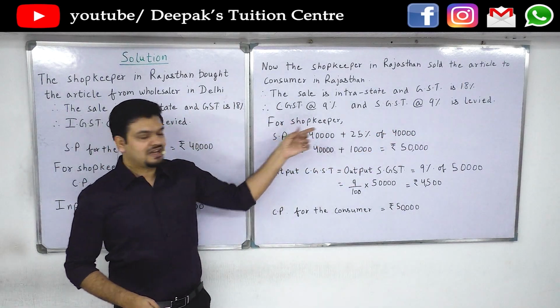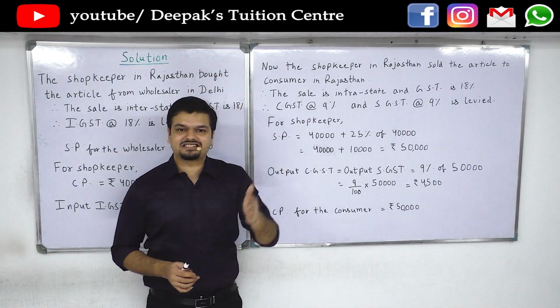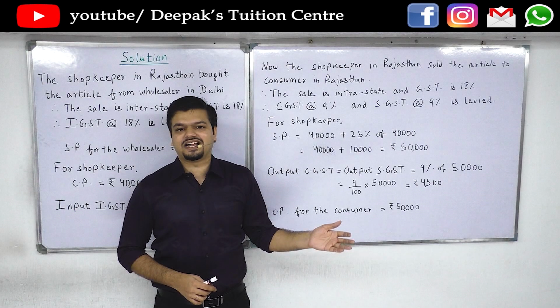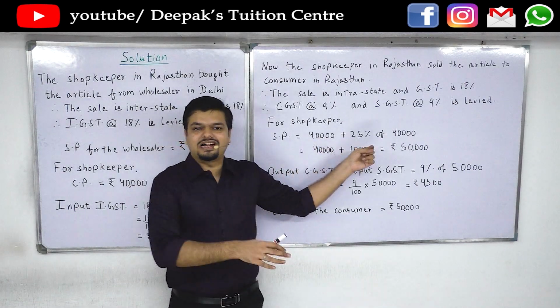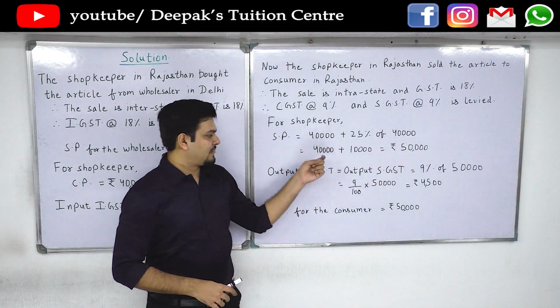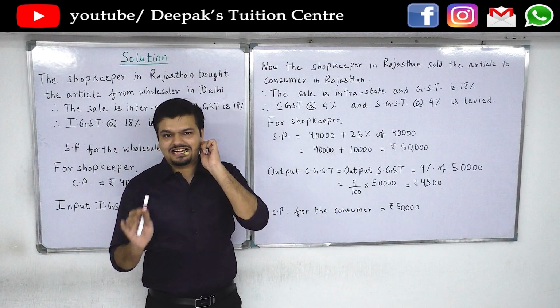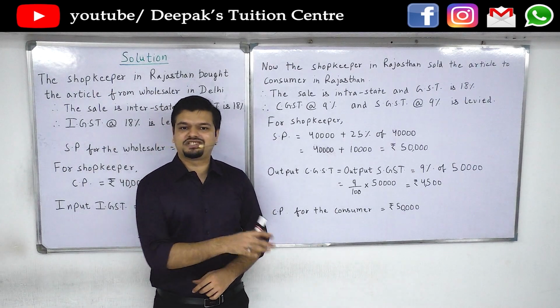So, for the shopkeeper, SP, as the question states, the shopkeeper sells the article to the consumer at a profit of 25% on basic cost. So, therefore, 40,000 plus 25% of 40,000, that will be 40,000 plus 10,000, that is 50,000. The moment I get the selling price of the shopkeeper, I try to calculate output GST.